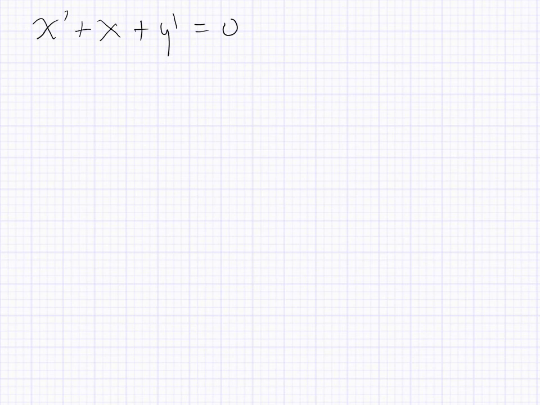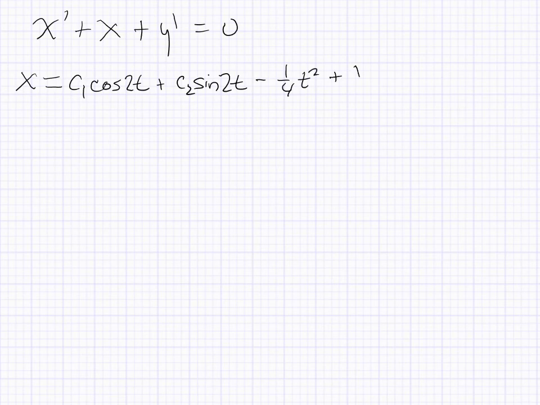So let's look at it. We got x was one of our solutions, and that was C1 cosine 2t plus C2 sine 2t minus 1/4 t squared plus 1/8. And I'm going to need the derivative of that because of this.